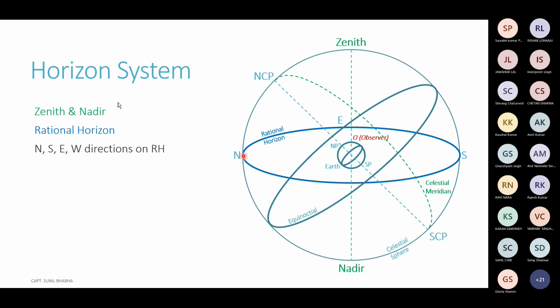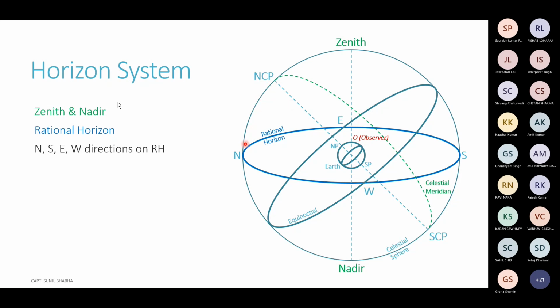Now, if you move towards the left side, starting from the north point, if you move towards the left, 90 degrees away from the north point, wherever you reach is the west direction on your horizon. So these points which you see here, north, east, south, and west, represent the directions on the rational horizon.